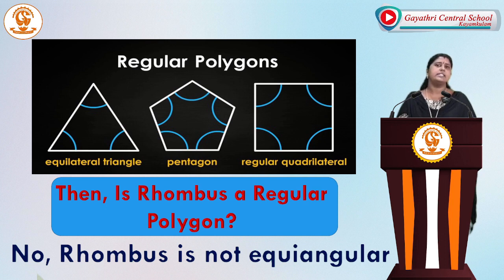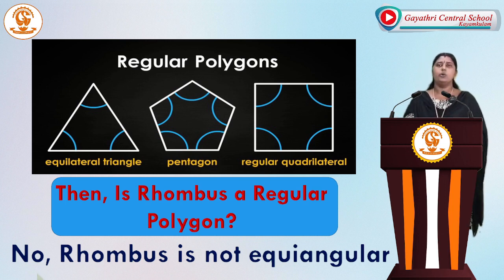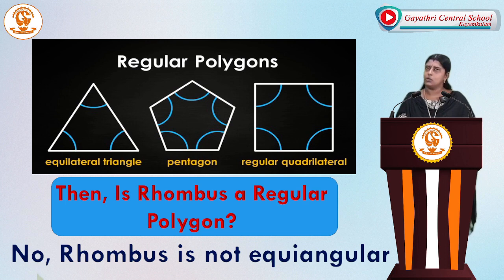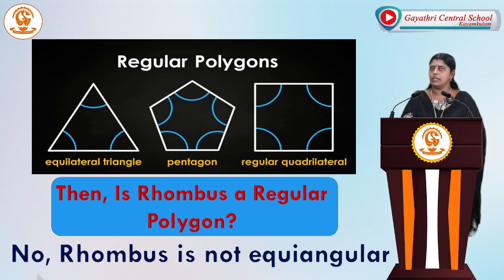All its sides are equal, but all its angles are not equal. Angles are different in a rhombus. So rhombus is not a regular polygon, because it is equilateral but not equiangular. Its angles are different.